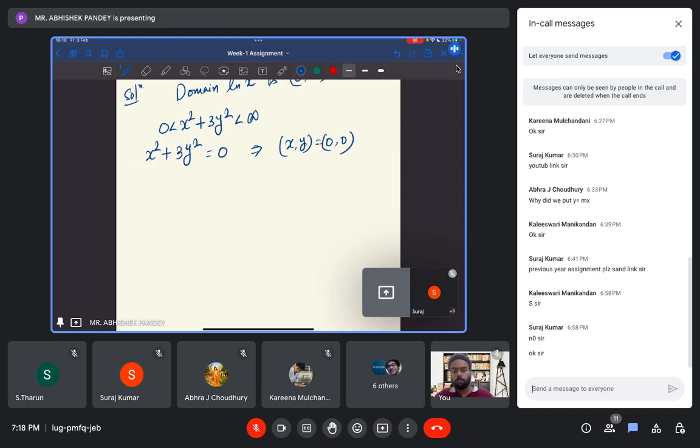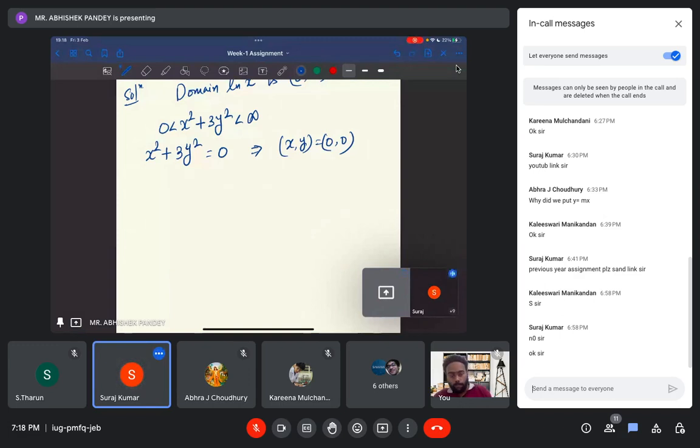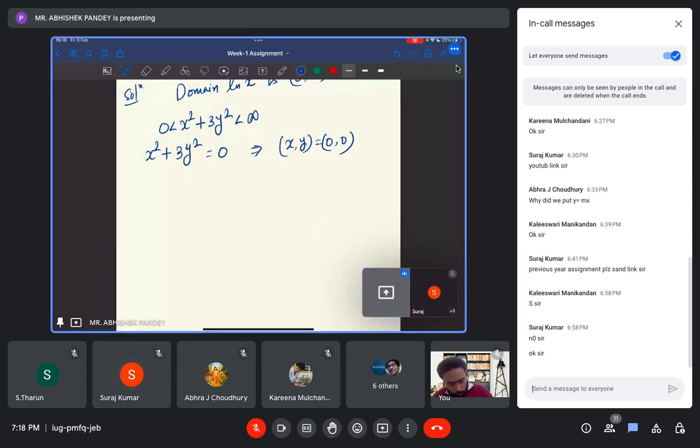This cannot be 0 other than 0 comma 0, isn't it? Yes, sir. So for all x comma y belongs to R2 minus 0 comma 0, equation 1 satisfies, isn't it? Yes.